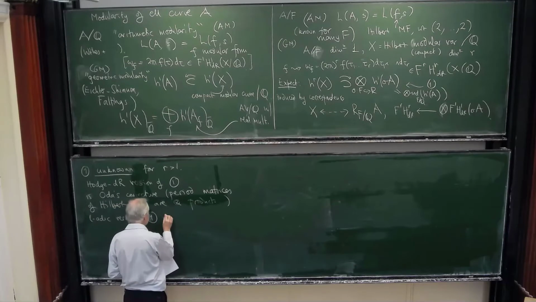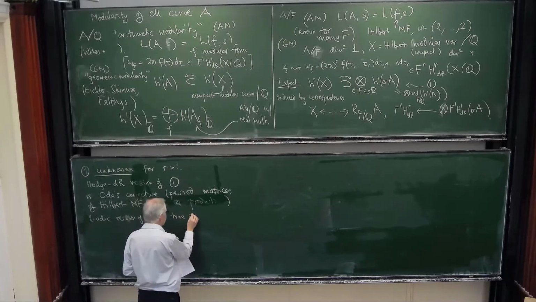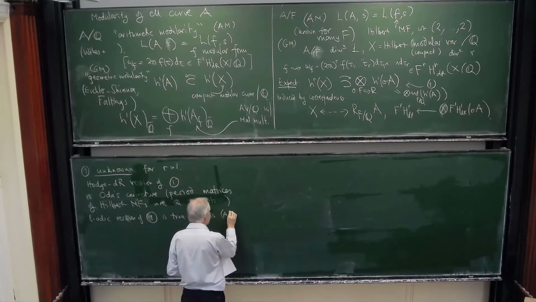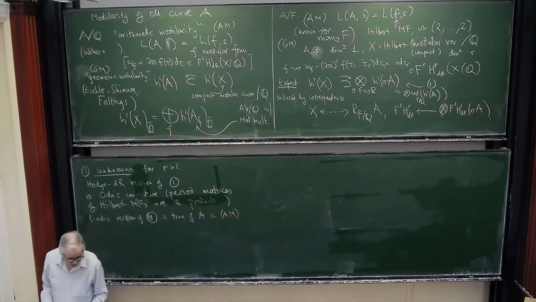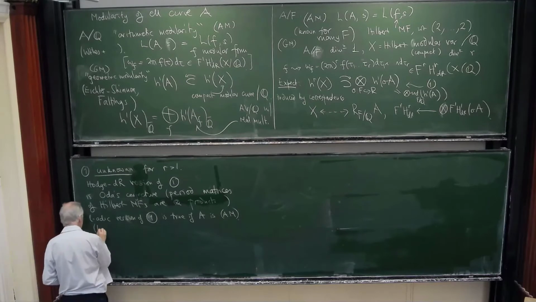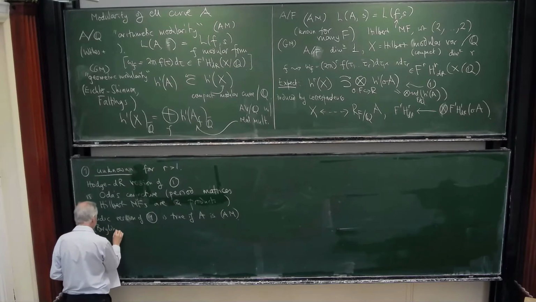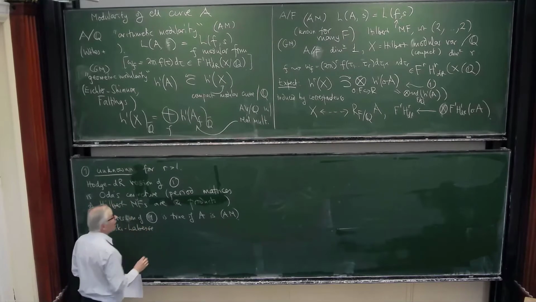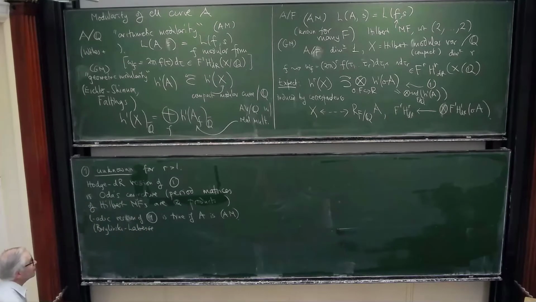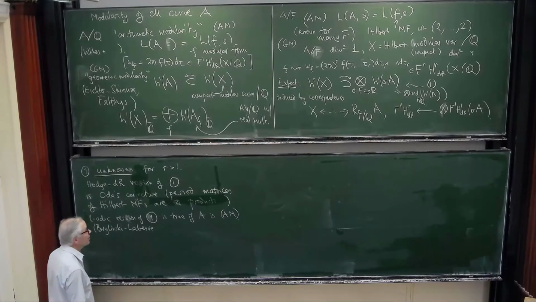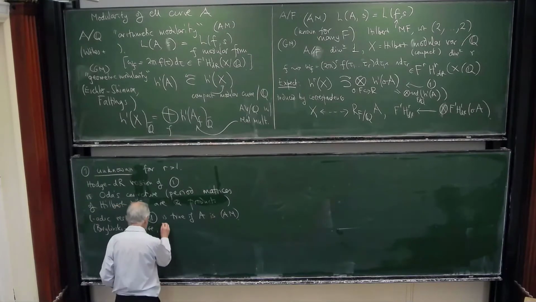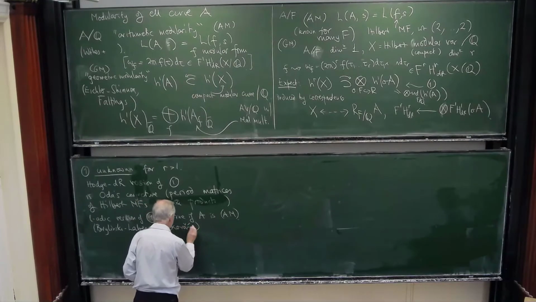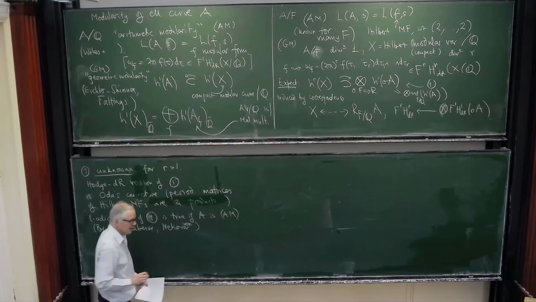That's true if A is arithmetically modular, and that's a result of the work of Blasius-Rogawski, which tells us what the semi-simplification of the L-adic representations attached to the cohomology of these modular varieties are, and also Nekovar's semi-simplicity theorem, which says that they're actually semi-simple.